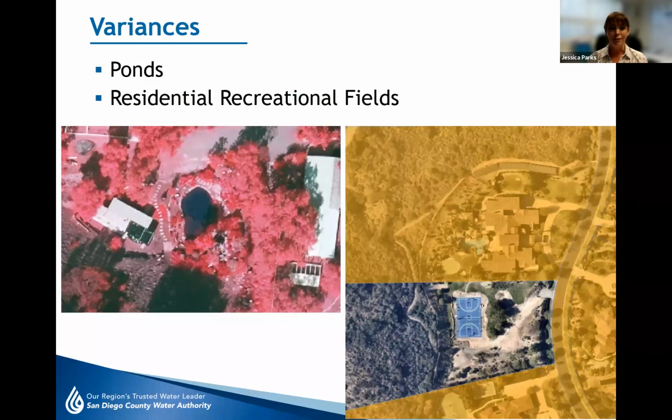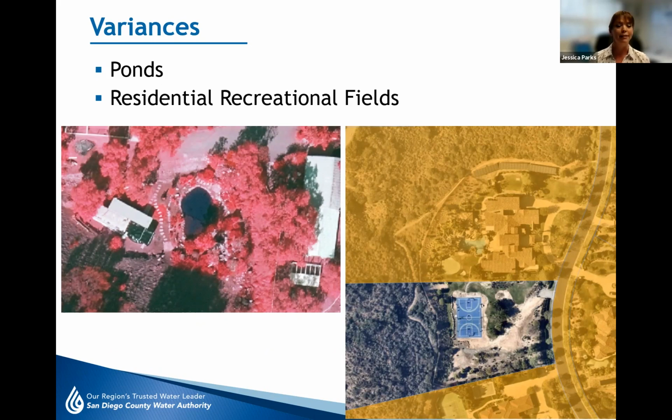Something that we heard about, with the variances, is that they're now looking at ponds, but they seem to be more like ponds for supplemental water or ponds for wildlife. However, we just wanted to see how many ponds Poway has within their residential properties. In order for us to find them, we did have to put a filter on, so that's why it's pink.